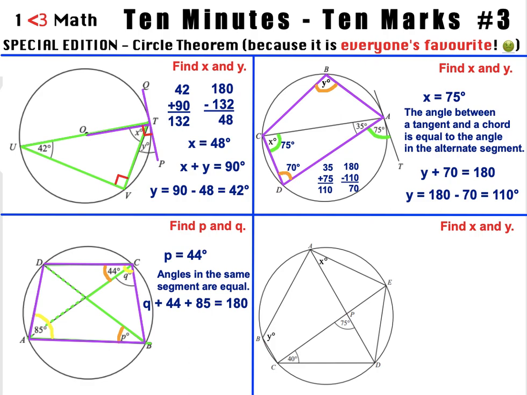So one angle is Q plus 44, the other angle is 85, and because they're in a cyclic quadrilateral, they add up to 180 degrees. Simplifying that, Q plus 129 equals 180, Q equals 180 take away 129, so Q equals 51 degrees.